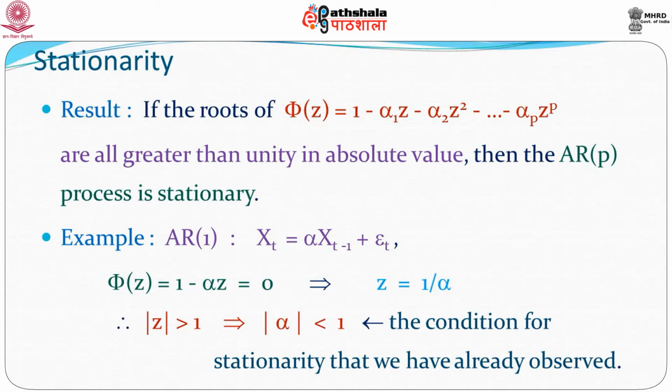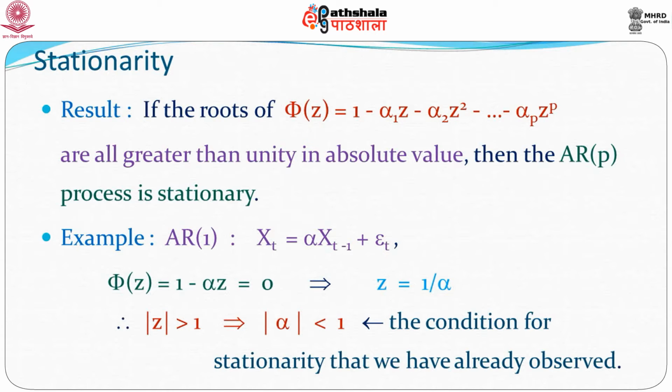So, for our AR1 process, we have seen that the parameter must be absolutely less than 1 for the process to be stationary. That actually translates to the fact that the root of the process should be greater than 1 in absolute value. So, this generalizes to an ARP model, although in terms of the parameters the ARP model becomes much more difficult to look at, but we will see what we can do later on.